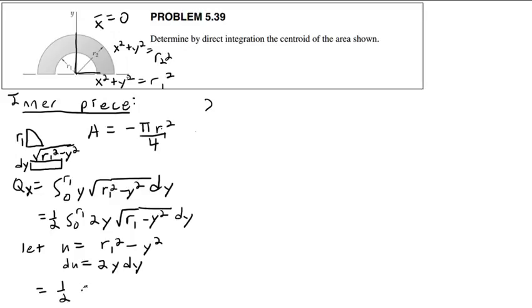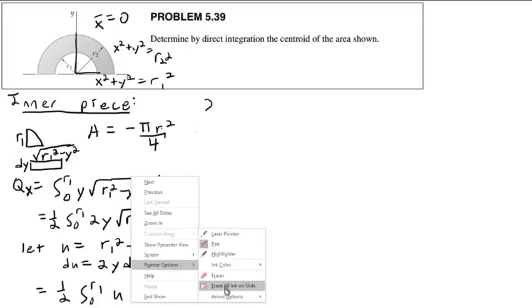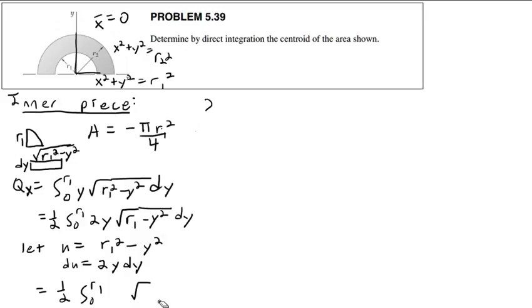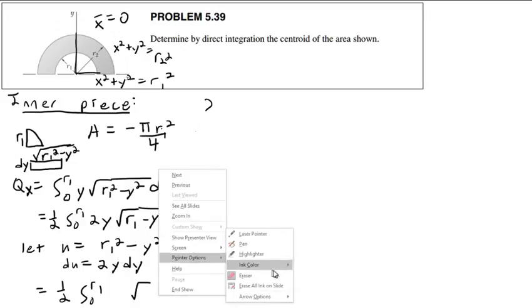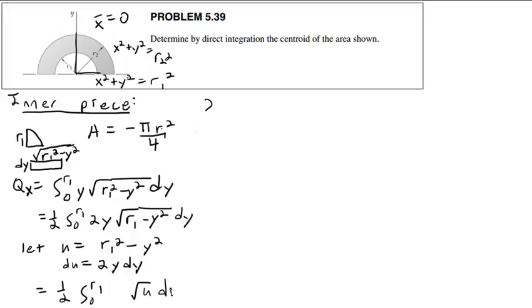Then I just have, again, 1/2 the integral from 0 to r1 of the square root of u du. And this will go up here again, and I will get 1/2 times u to the 3/2 times 2/3.